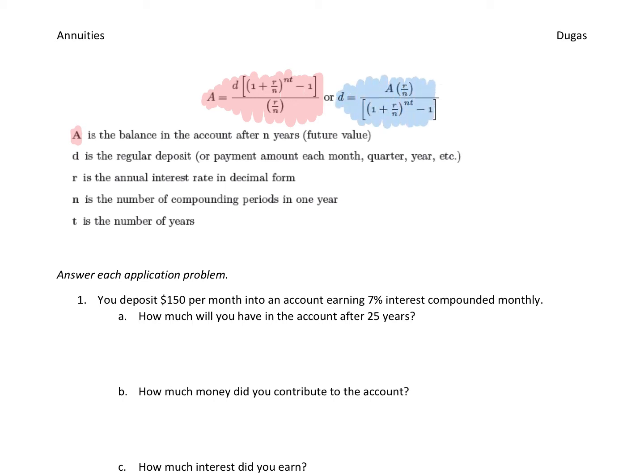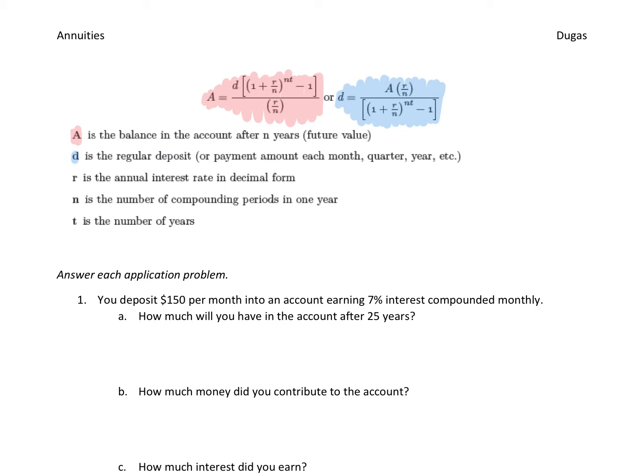Rather than having to figure out how to solve the equation and get the D by itself, I'm just giving you the two formulas, which hopefully makes it easier on you. If you're trying to find the regular deposit you need to make in order to save a certain amount, you would use the blue or the second formula.